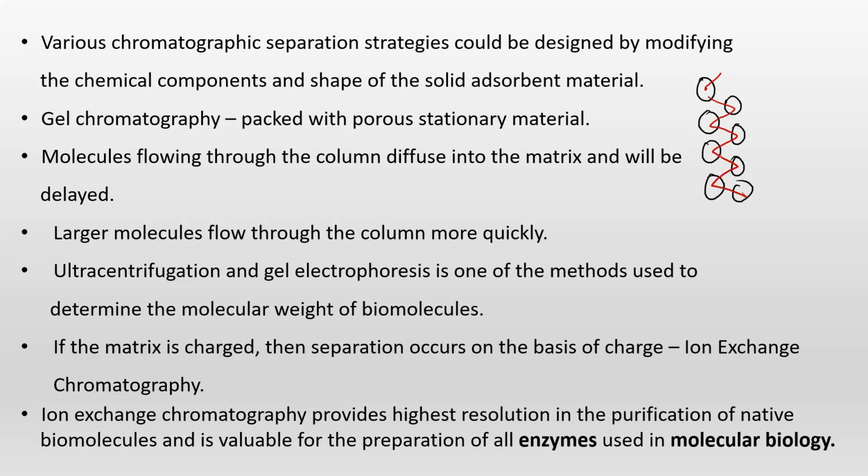These beads are now close together, so you can have another bead in between. So the molecule which enters inside will travel like this. If it travels like this, it is taking a longer route as compared to the route which is directly going down. So this molecule will have to travel a longer distance because it is passing through so many beads. So it will take a long time to come out of the column.